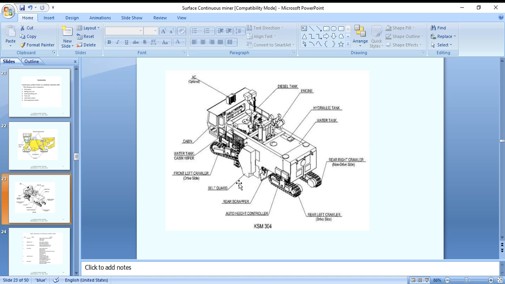Belt guard is also there. Front lifting, crawler per side, cycle type turning sides. Water tank, cabin, fuel tank, cabin, diesel tank, engine, hydraulic tank. These are briefly the other parts of the outside, shown for easy understanding.